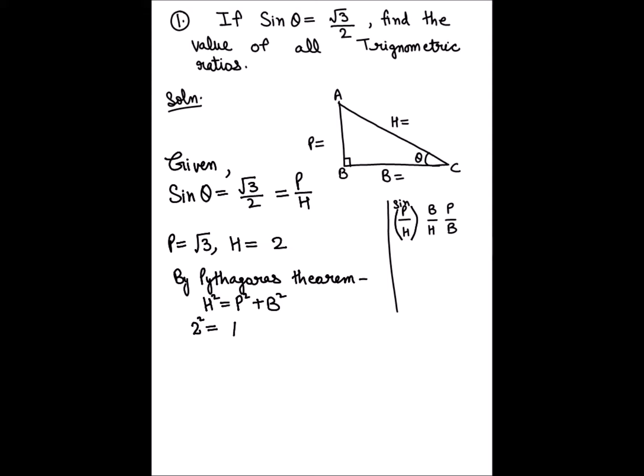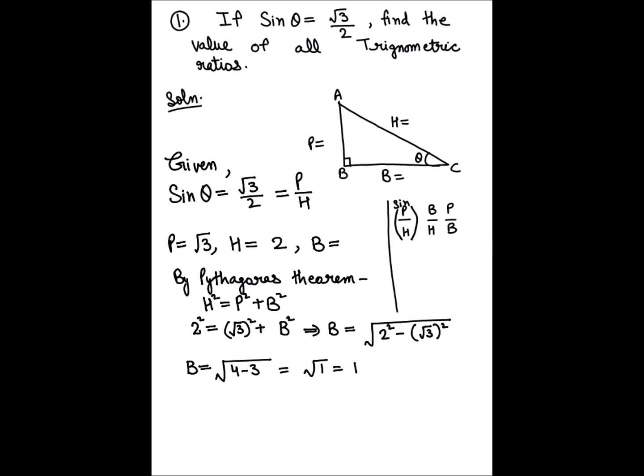So if we put the values of H and P, we can find out the value of B. In this case, when we solve, we get that the value of B is 1. Now we have the values of perpendicular, base and hypotenuse.